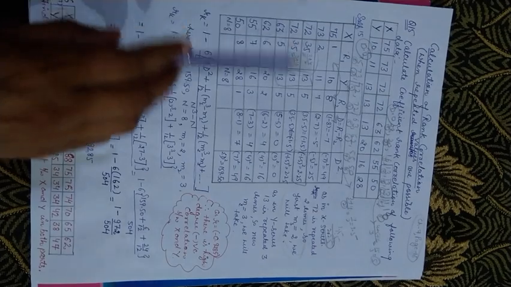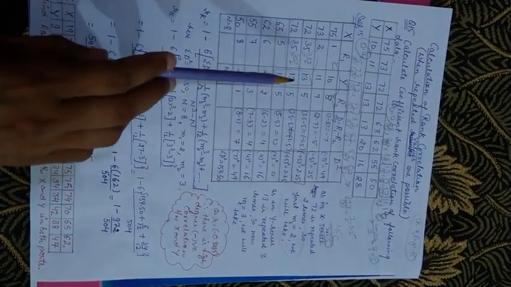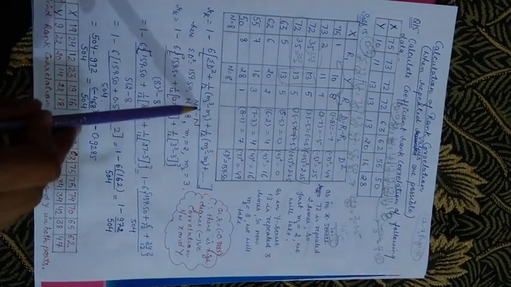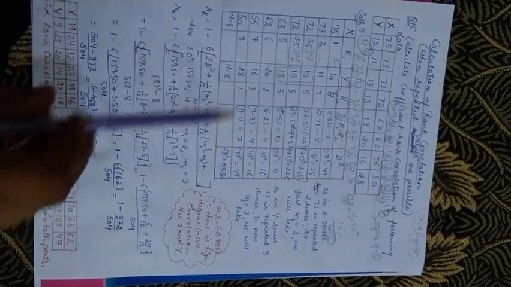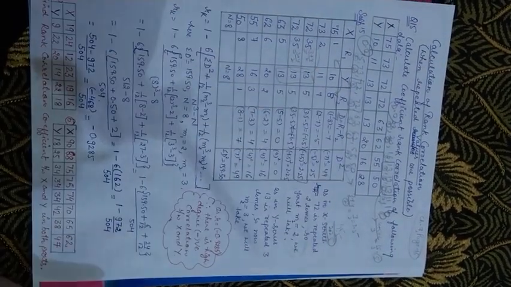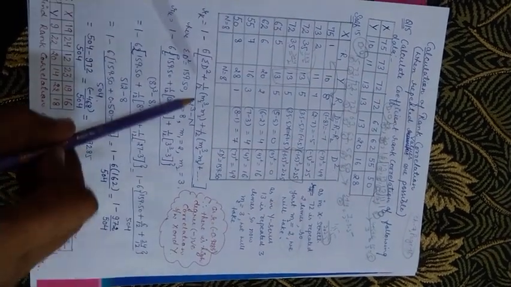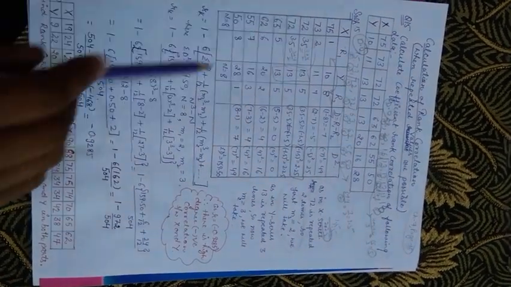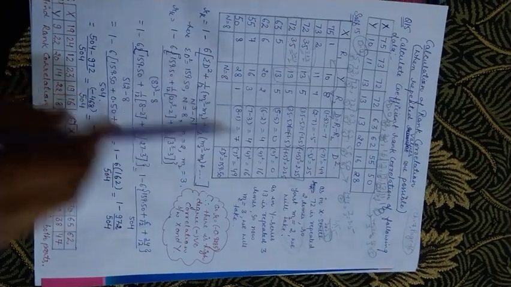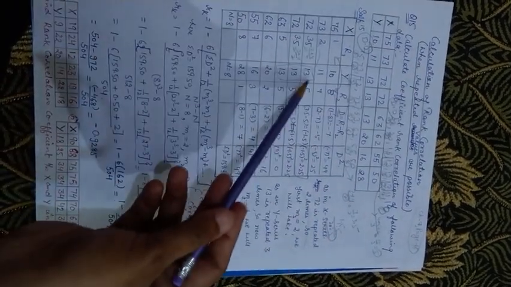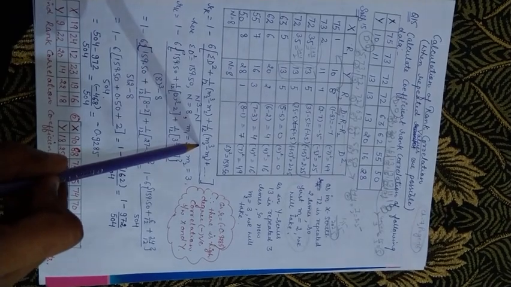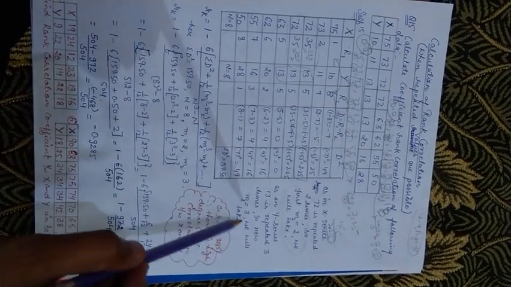Because here only 2 values were repeated, that is 72 and 13, we are taking only M1 and M2. If there had been other values, we could have used M3, M4. So it is repeated 2 times, I am taking M1 as 2. It is repeating 3 times, so I am taking the next, M2, as 3.